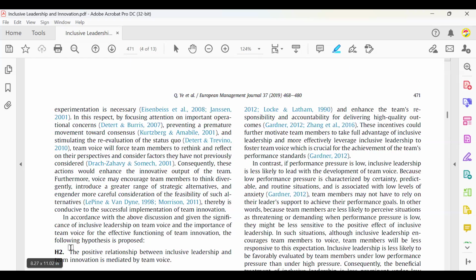So they conclude the section, after looking at theories and the literature on the topic, to say that they predict, the hypothesis is that they predict a positive relationship between inclusive leadership and team innovation, which is mediated by team voice. So team voice is a mediator in the relationship between inclusive leadership and team innovation.